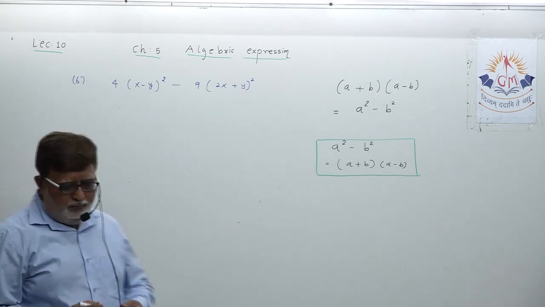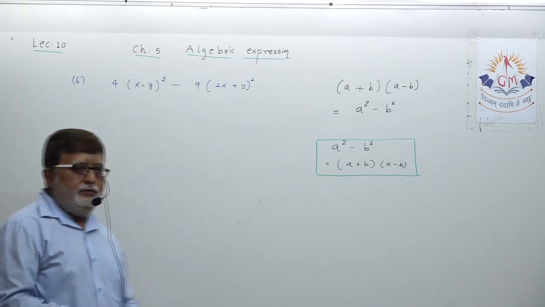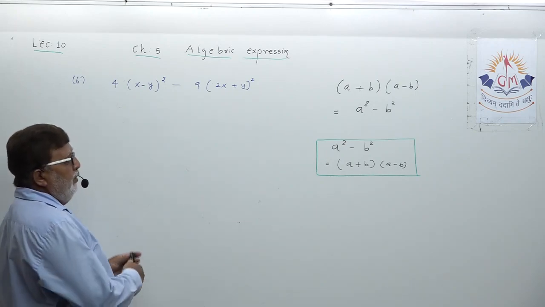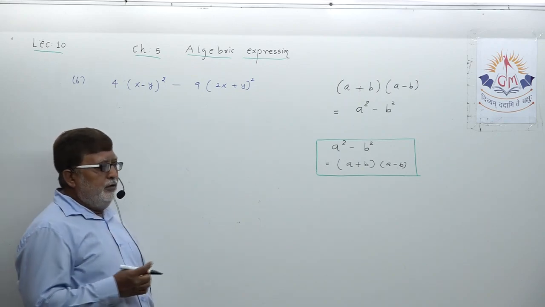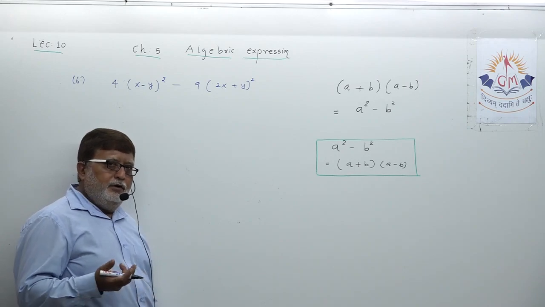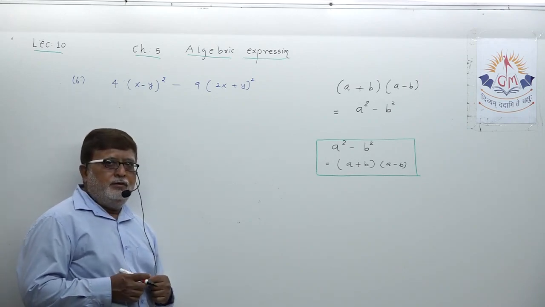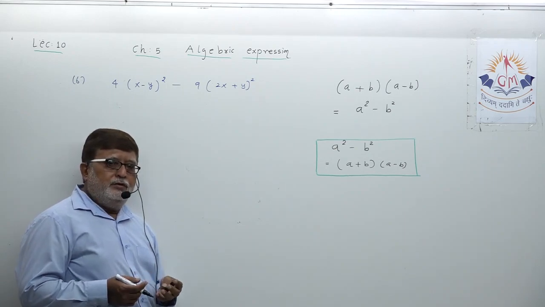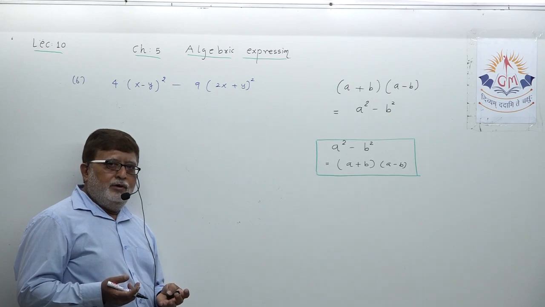How many brackets can you visualize here? There are two brackets, dear student. Both the brackets need to be supposed. Because here the variables are x and y, you can suppose a and b rather than m and n.